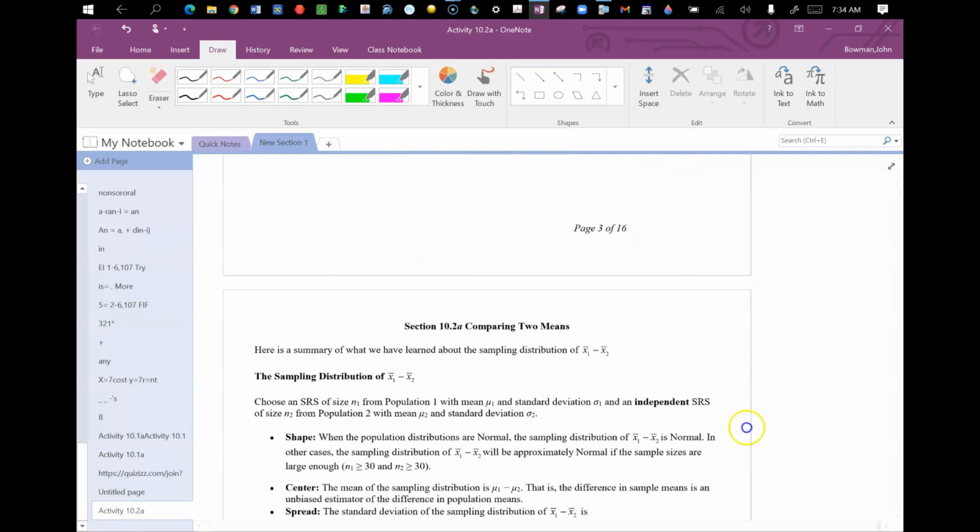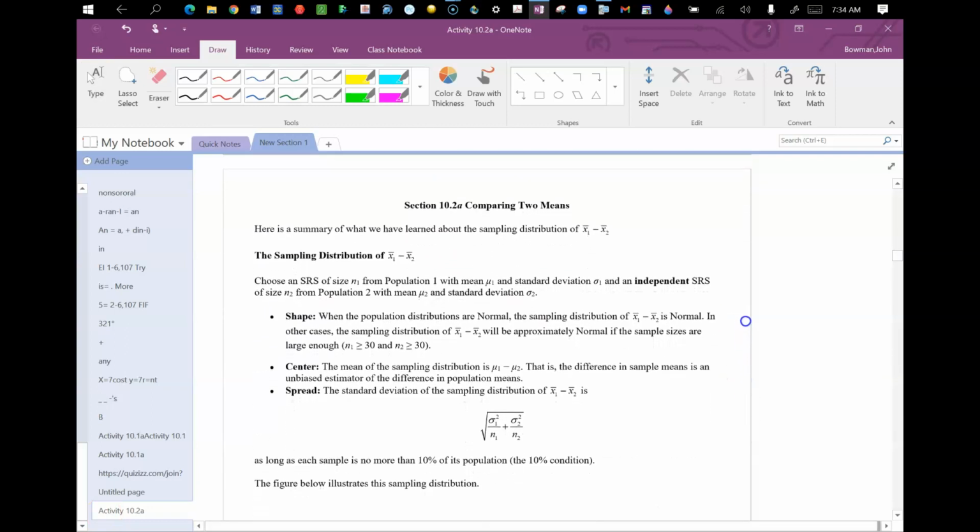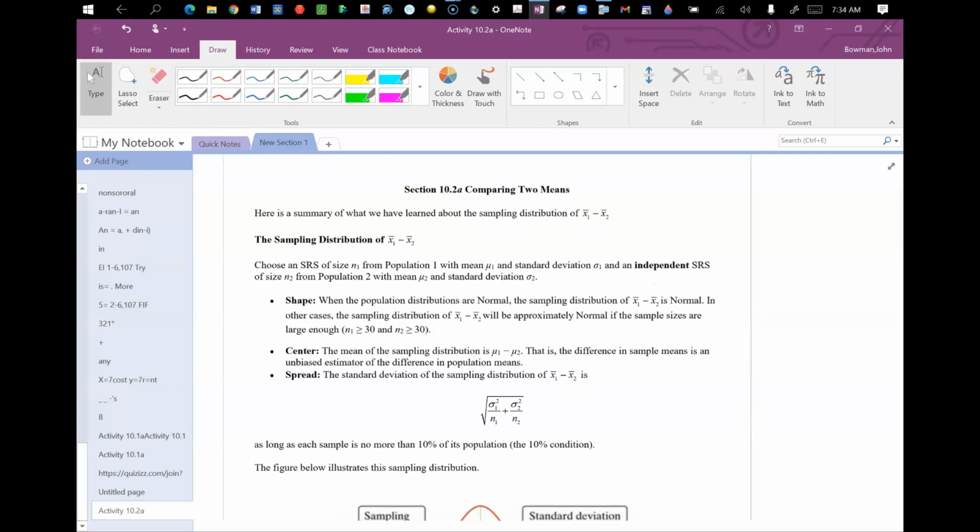Let's take a look at a summary of everything we just talked about. So the sampling distribution of the difference of the sample means. First, if we take a simple random sample from each population and they're independent of each other, the shape of the sampling distribution of the difference of sample means will be normal if the two individual populations are approximately normal, or if the sample sizes are at least 30.